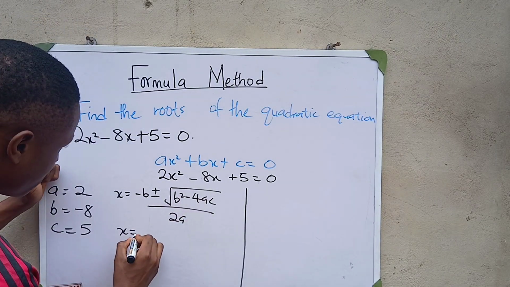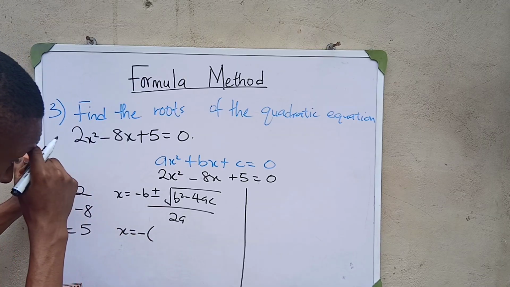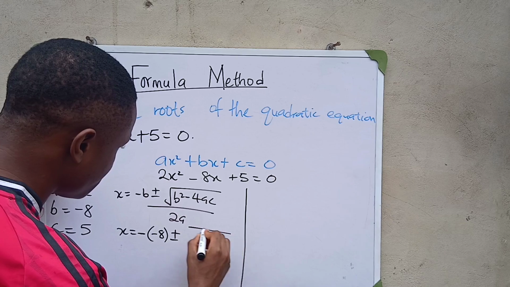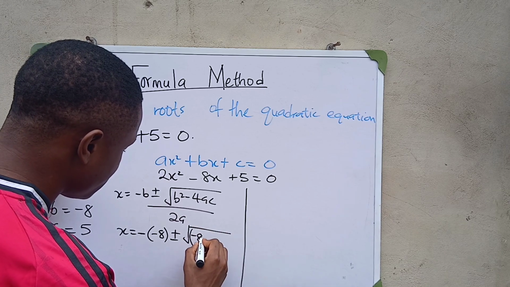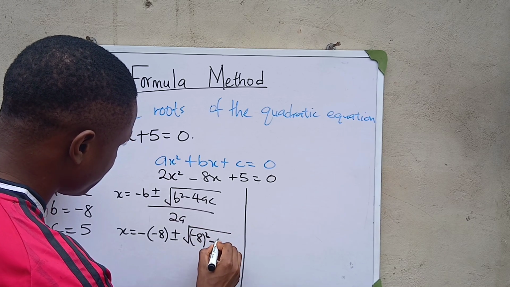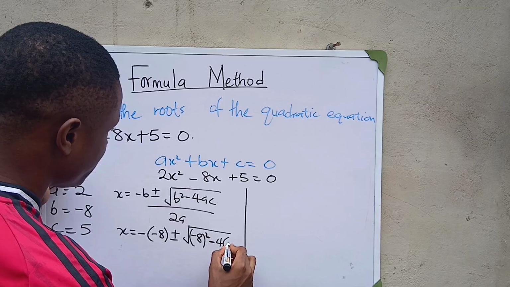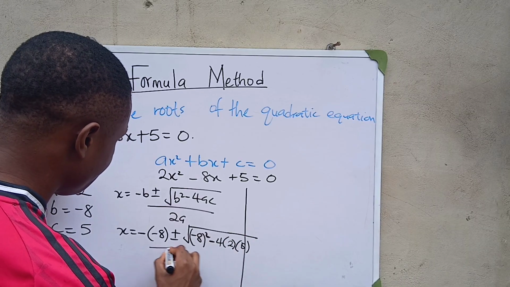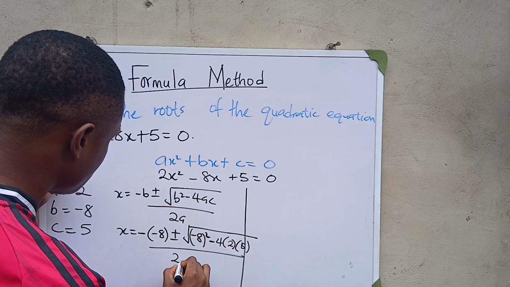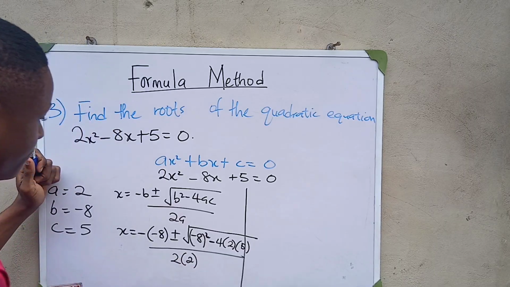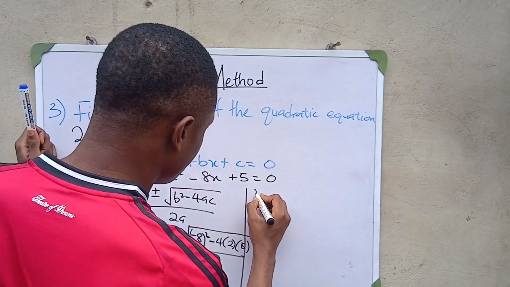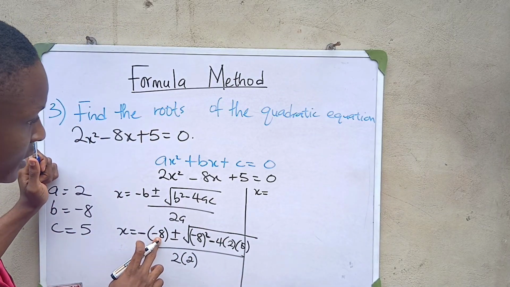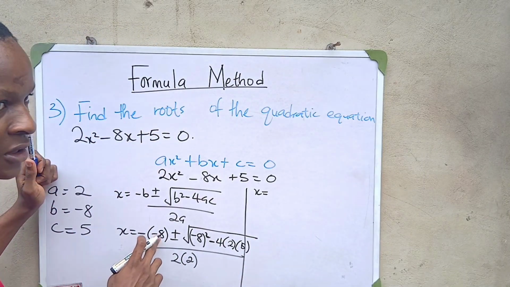So x is equal to minus, b is minus 8, so minus minus 8 plus or minus square root of minus 8 square minus 4 into a is 2 times 5 c all over 2 times 2. So therefore, x is equal to minus minus 8 is 8, because minus minus is plus.